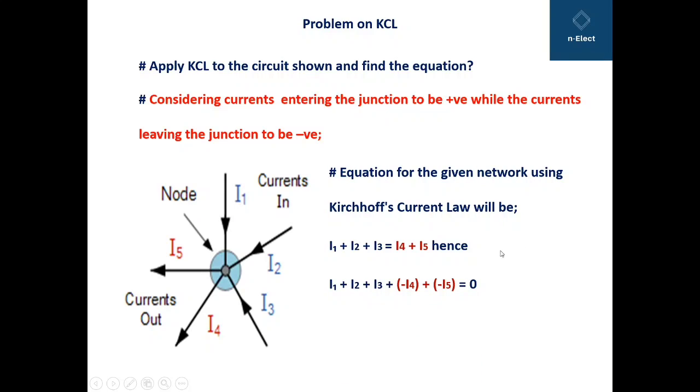On rearranging, transferring these terms to this side, we get I1 plus I2 plus I3 plus minus I4 plus minus I5 equals 0, which can be written in summation form as the sum of all the currents meeting at the junction equals 0.